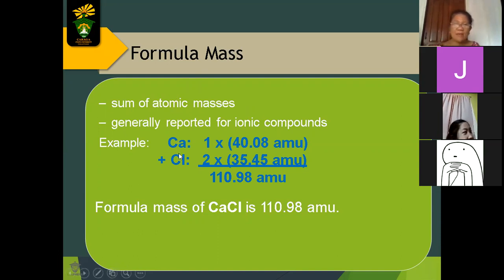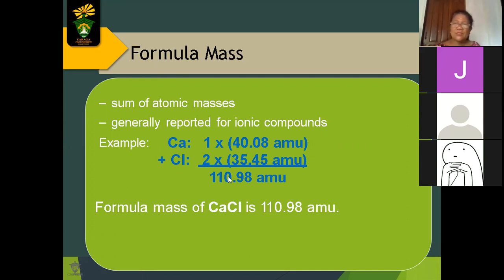For instance, we have here calcium. How many atoms? 1. Go to your periodic table. Unsang atomic mass sa imong calcium, that is 40.08, atomic mass unit or gram per mole. Okay, so add it with the other. That's chlorine. Chlorine pila man.